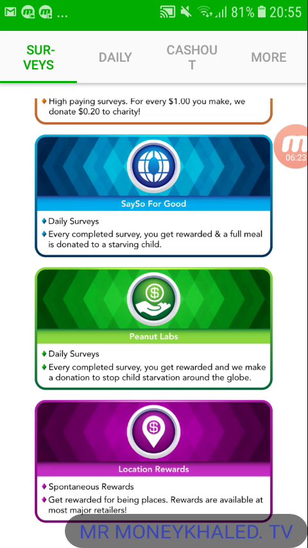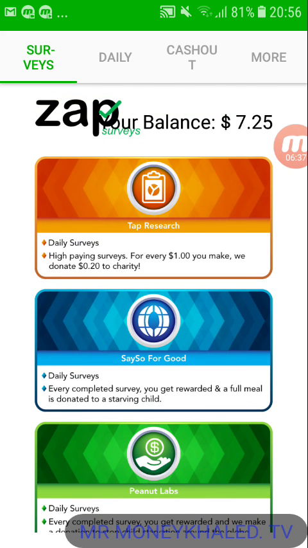Sorry about that. It says get rewarded for being placed. Rewards are available at most major retailers. So that is it. That is how you make money on this application, Zap Survey.